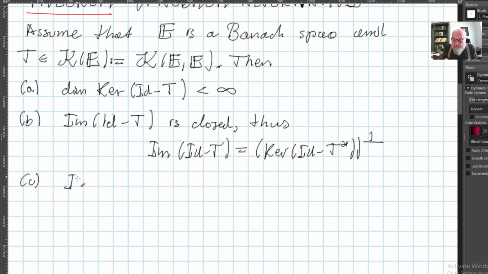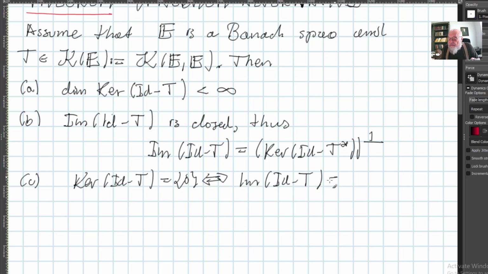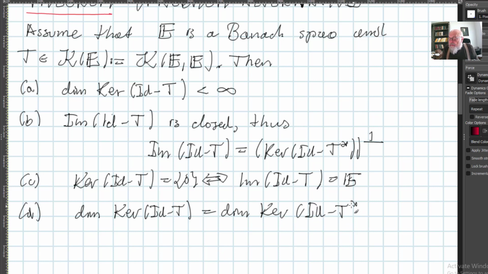Simply, the kernel of identity minus T is equal to 0, and this will be if and only if the image of identity minus T is equal to E. And now we put here as a D, the last one: the dimension of the kernel of identity minus T is equal to the dimension of the kernel of identity minus T star.